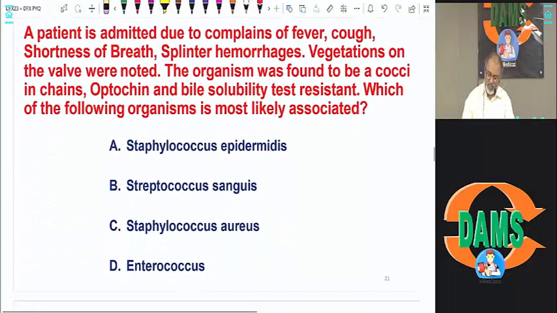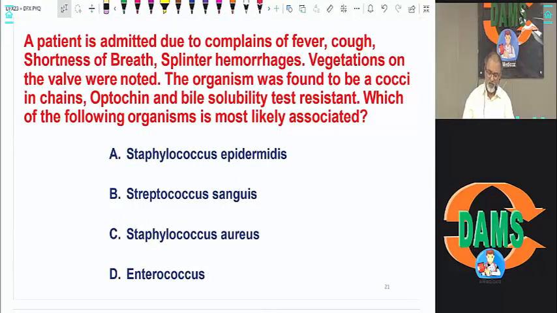A patient admitted due to complaints of fever, cough, shortness of breath, splinter hemorrhage. Vegetations on the valve were noted. Organism found to be cocci in chains. Optochin and bile are resistant, no problem. Which of the following organisms is most likely? See, cocci in chains, it is not Staphylococcus, because Staphylococcus is what?